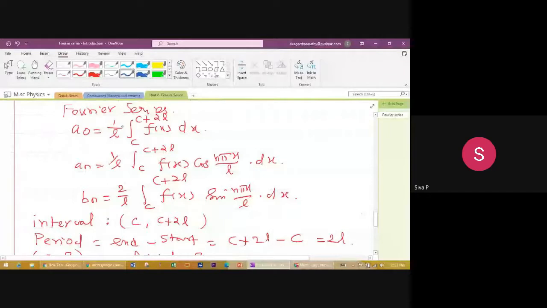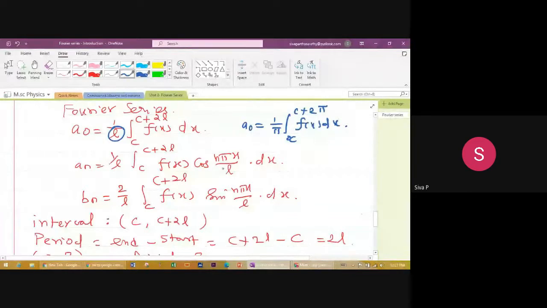Quickly tell me that. A naught is 1 by, instead of L, you have to substitute pi. So 1 by pi, integral over c to c plus 2 pi f of x dx. What is an here?